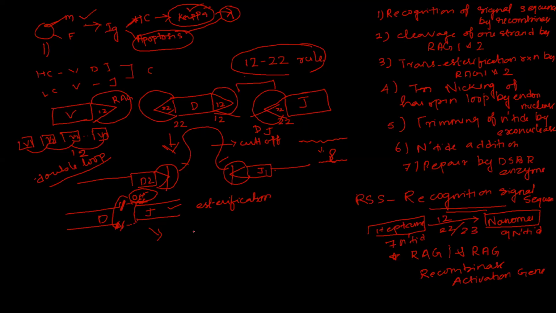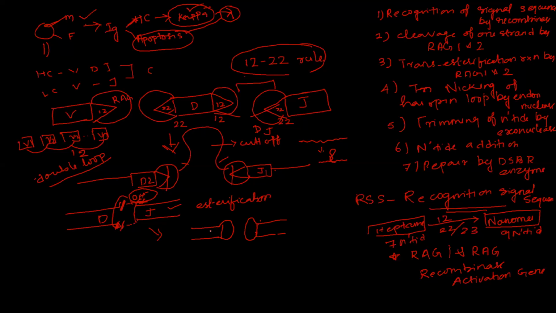So once the nick is formed, what will happen? You will have your RAG, and just consider this part, and you will have a small part of RAG present here. Similarly, in the D region and the J region also, a small part of RAG will be present here. RAG with the loop remained after the cutting of the double-stranded DNA.